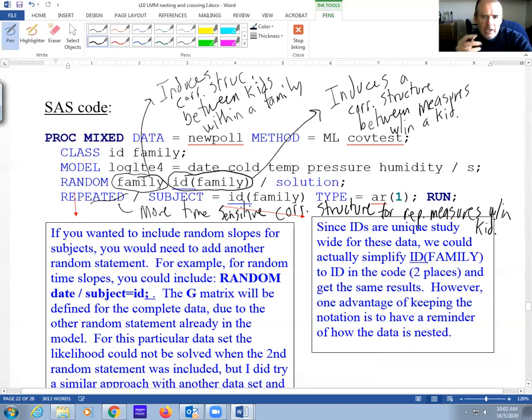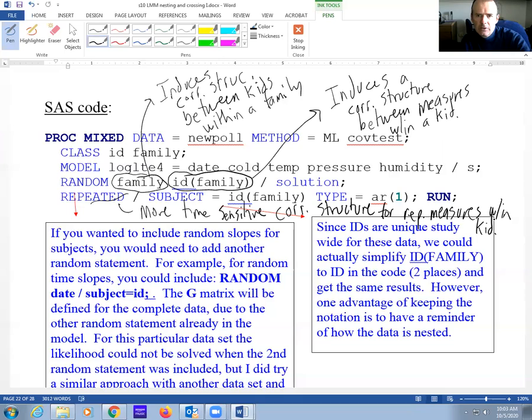Okay, so we actually have two things going on to combine together for the repeated measures within a kid. One of your homework questions this week is, what does that structure look like, and how is it different? The one that adds a random intercept for kids induces a compound symmetric structure, and then you add on to that the AR1.